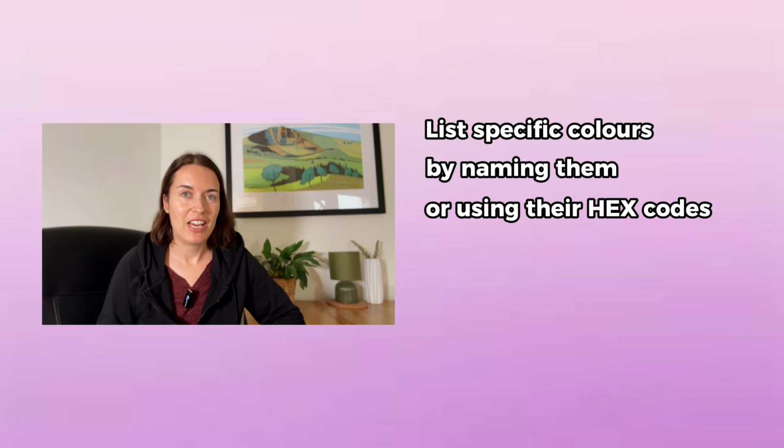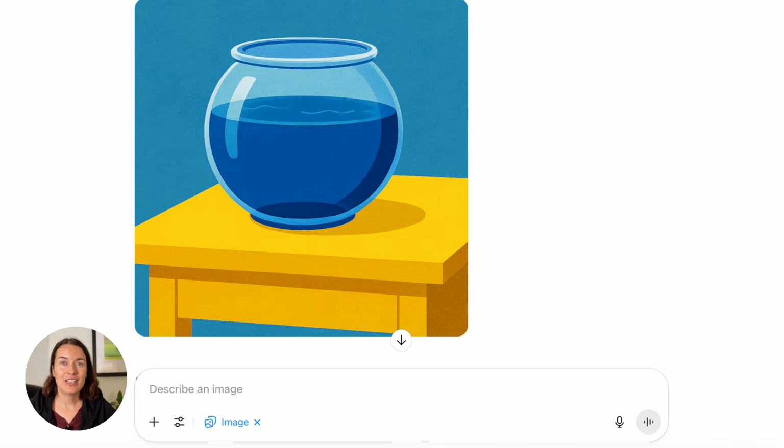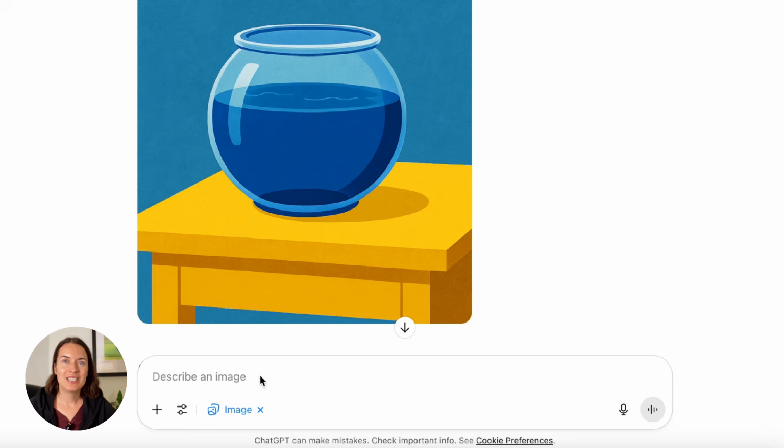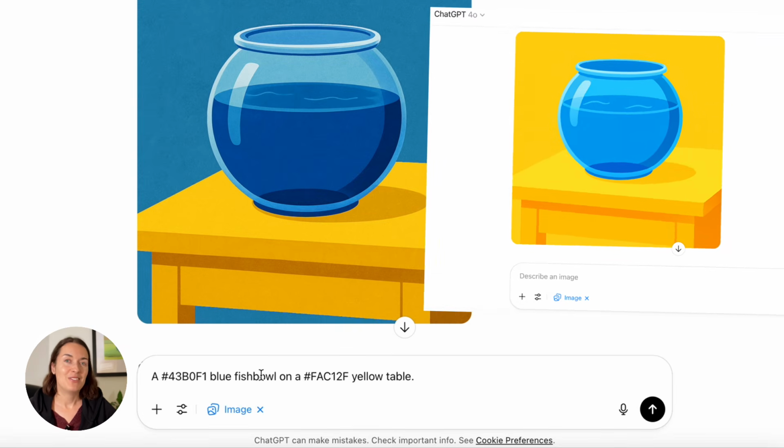So here's what I mean. Let's ask ChatGPT for a blue fishbowl on a yellow table. It's going to give you exactly that, but it's chosen a random blue and a random yellow. So you can specify that you want this type of blue fishbowl on this type of yellow table. And the result is very different.